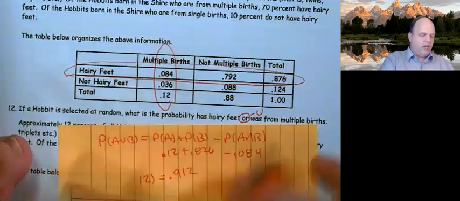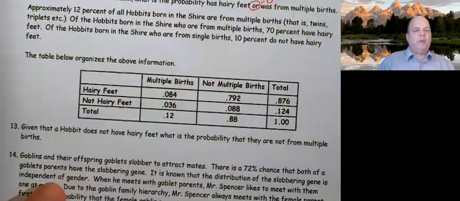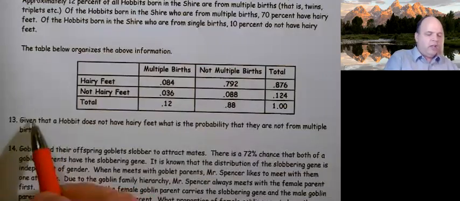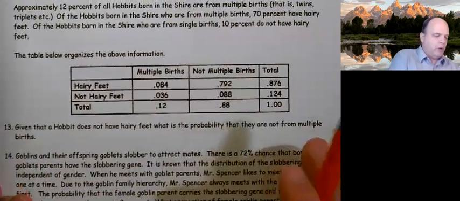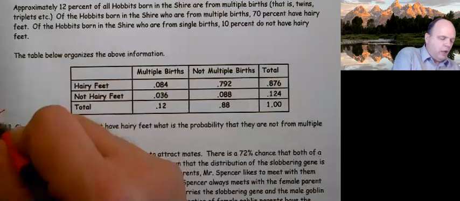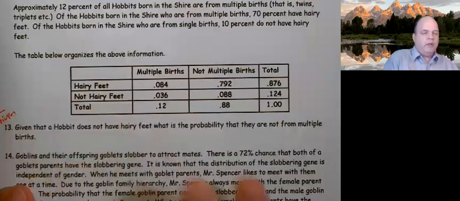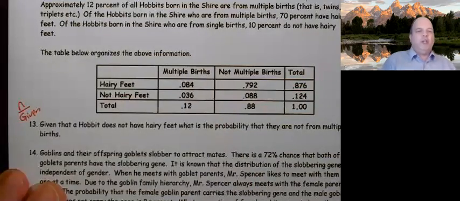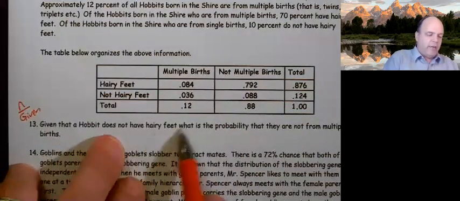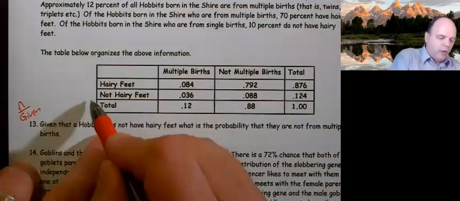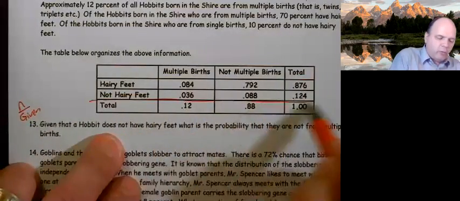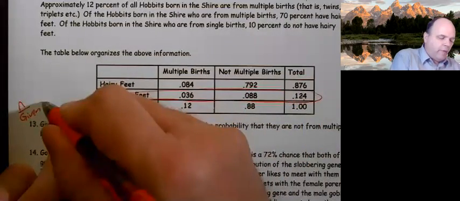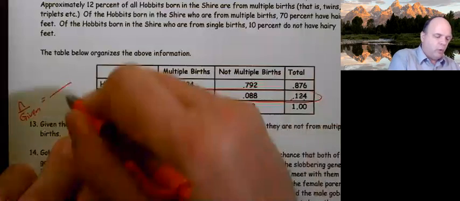All right, number 13 is working with the same table, so I'm not going to read it again. But we have a given. And anytime I see a given, I write given, and I know that I should be thinking about having an intersection on top. So given that a hobbit does not have hairy feet, I'm looking at this row. Not having hairy feet is 0.124.